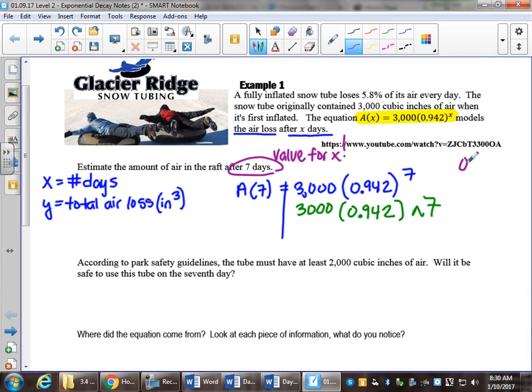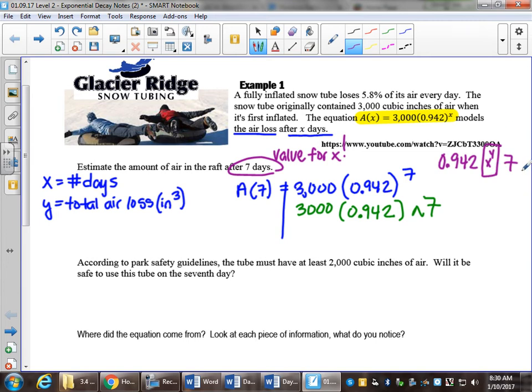You are going to type in 0.942, and then you have a button on your phone that looks like X to the Y. So again, my phone people in purple off to the side, 0.942, and then look for some kind of button, X to the Y, and then hit 7. That's the phone's version of a caret.